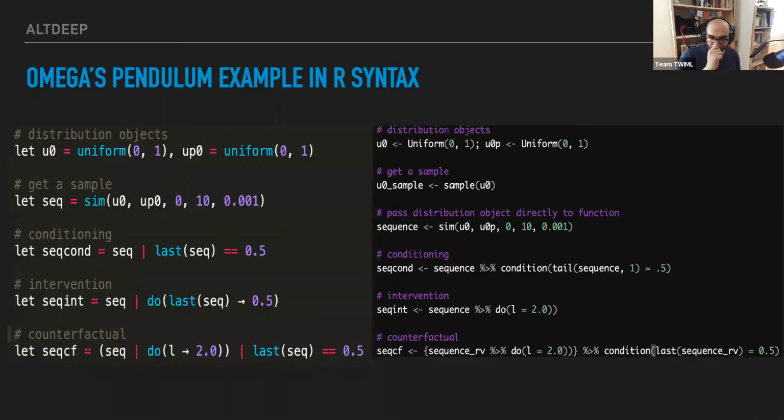So on the left here are the abstractions that he makes. We have these distribution objects, so U0 and UP0 correspond to uniform random variables.